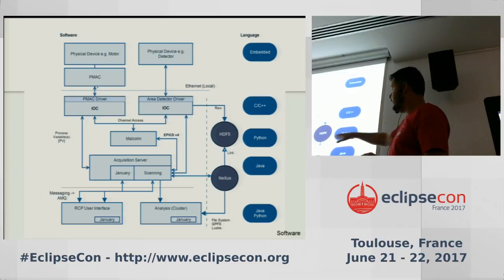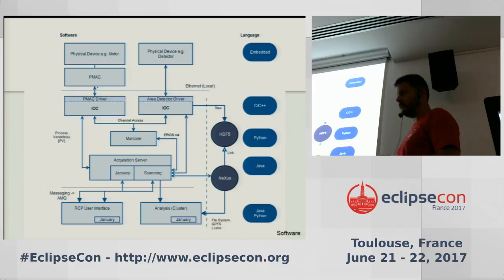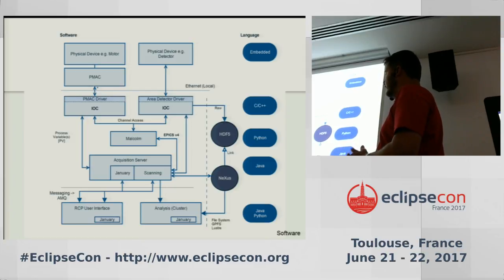Where the Java comes in, it talks to something called Malcolm, which is Python code, using the protocol called EPICS v4, which I think only about one person in the room is familiar with, but it's a protocol for driving devices. And the acquisition server is, as I say, it was a static class path.